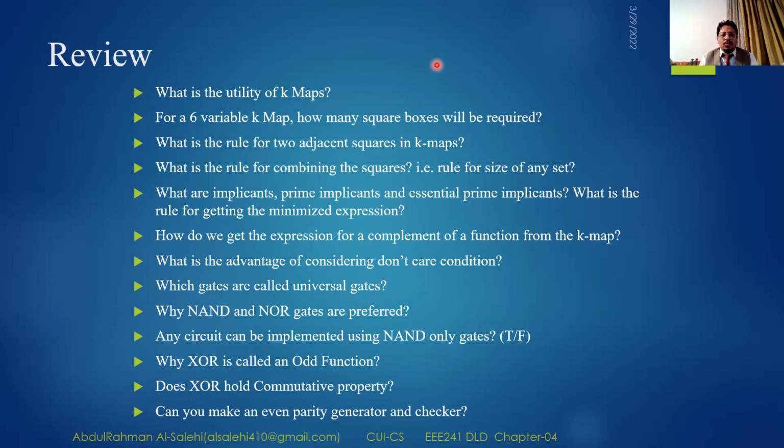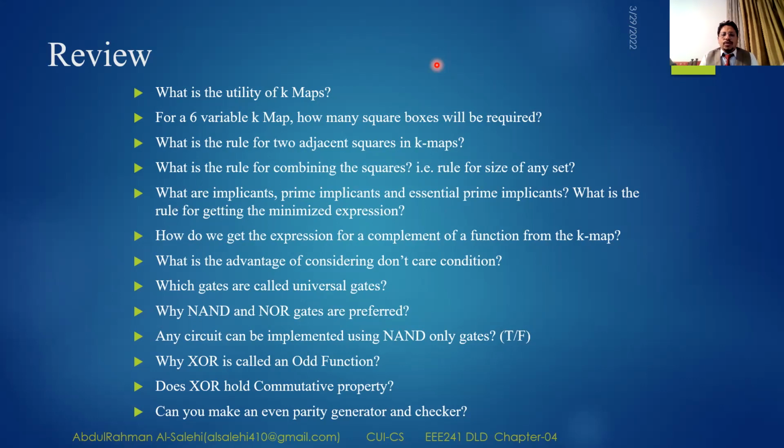After that, we discussed how to get the expression for the complement of a function from the K-map. We also discussed the advantage of considering the don't care conditions very well.